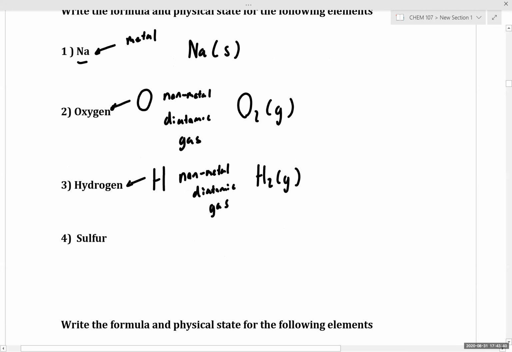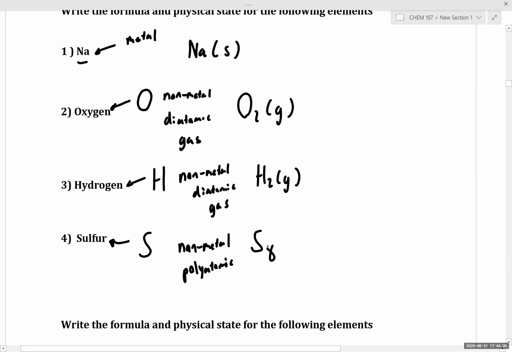For our last element in this problem set, we're looking at sulfur, which is the element with the symbol S. Sulfur is a non-metal, but what's unique is that it's a polyatomic element. And in general, the majority of elements in our periodic table are solids.